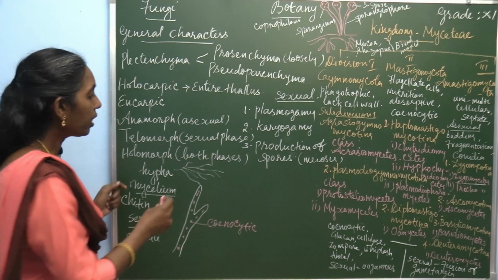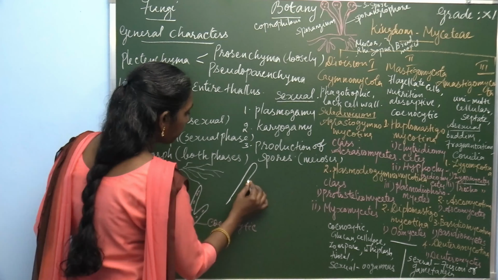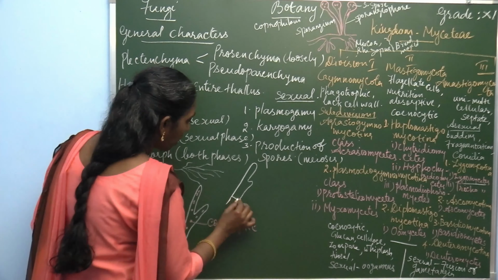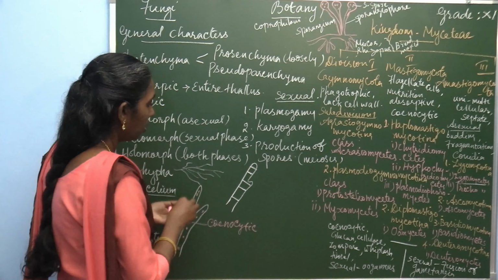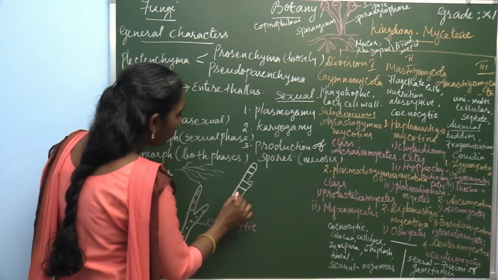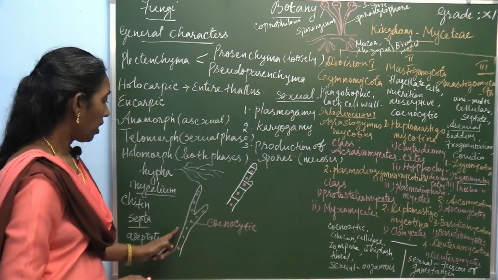But in the septate hypha, the plant body contains a number of septa, so the hypha is divided by septa. So this is septate, aseptate.